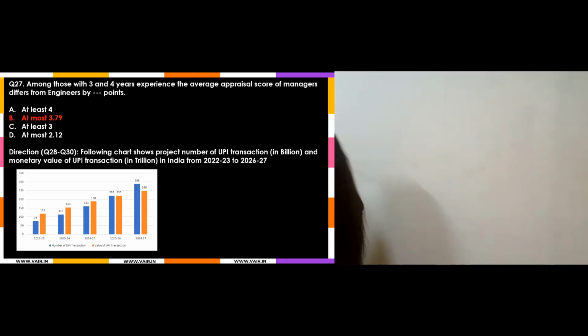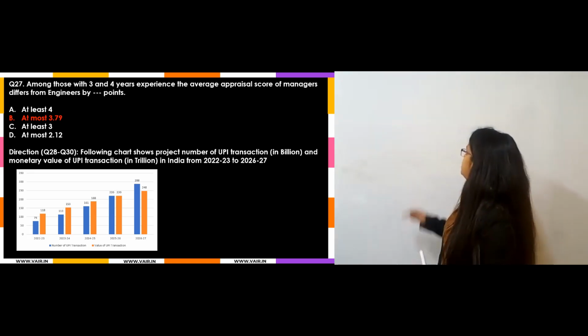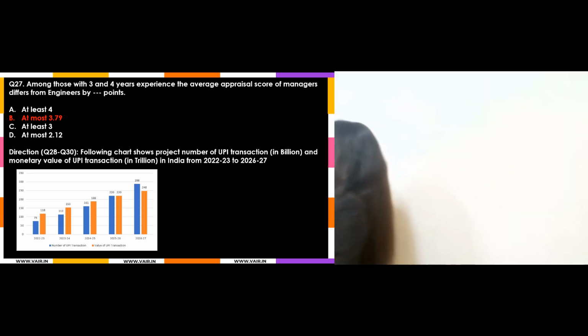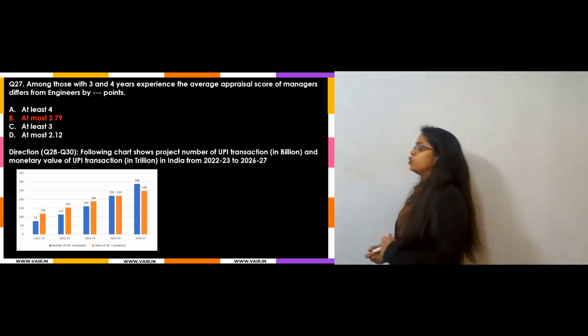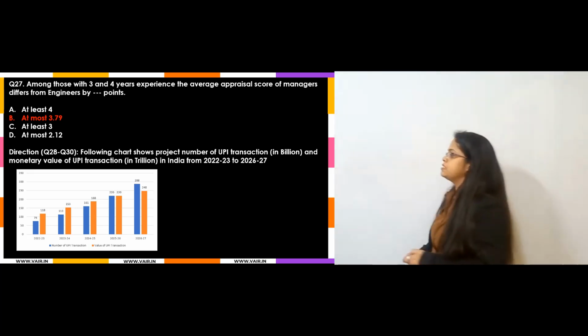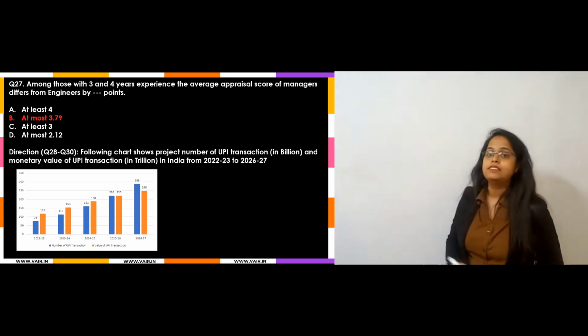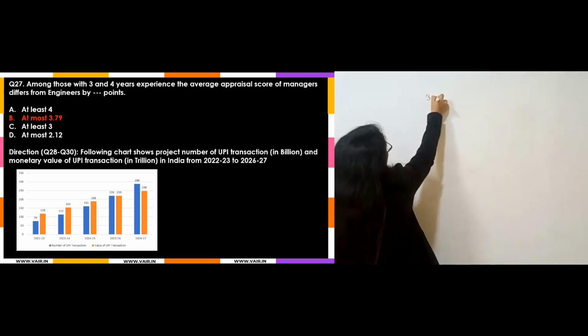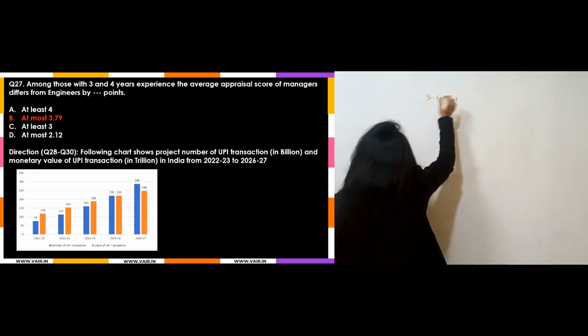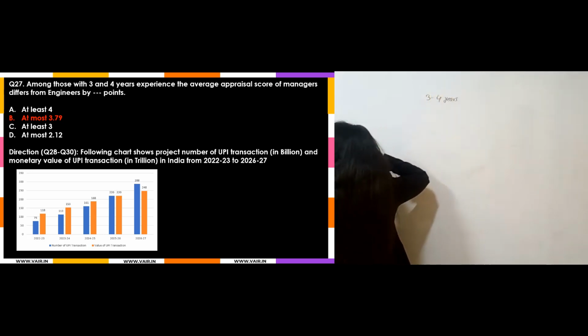Among those with 3 and 4 years experience, the average appraisal score of manager differs from engineer by dash dash points. Means I require for 3 to 4 years, and I require what? Engineers and the managers.